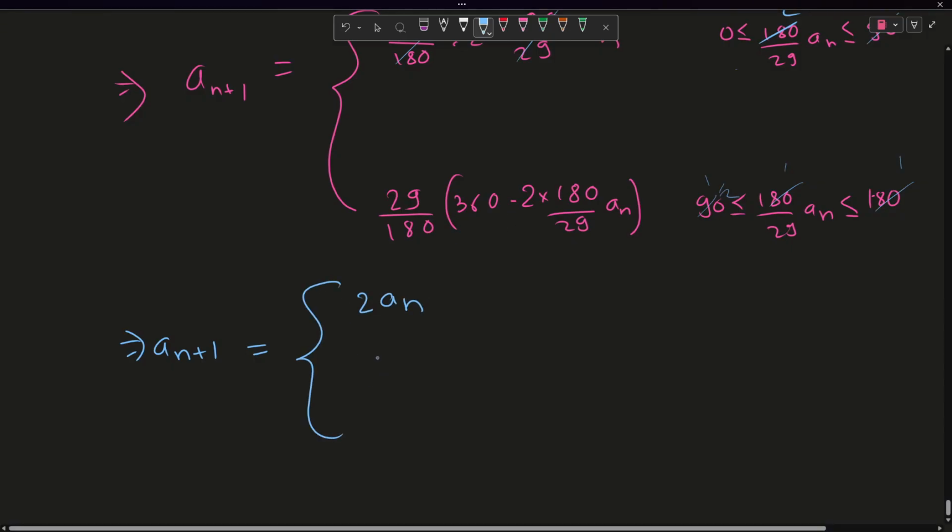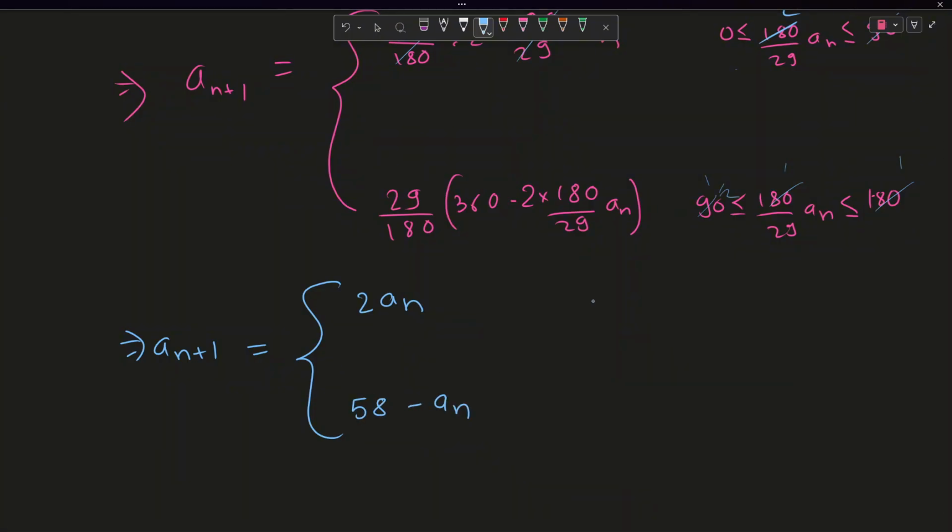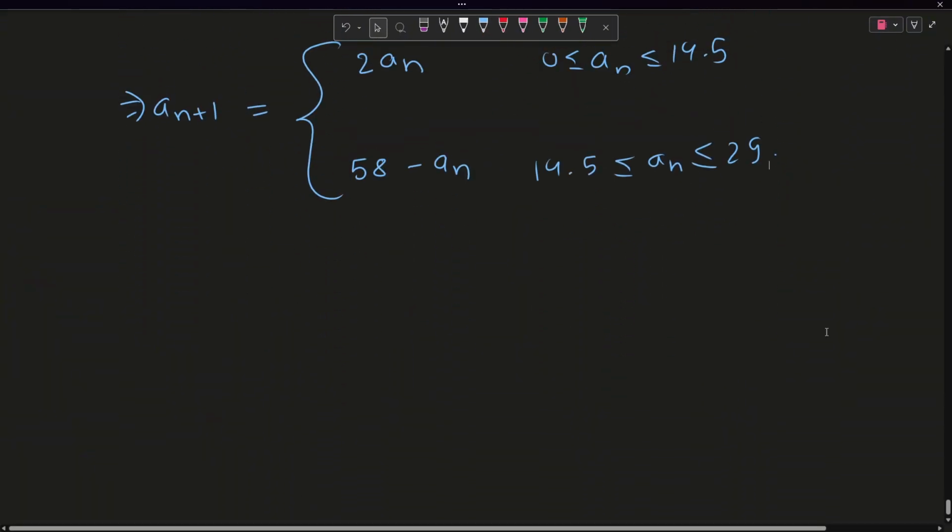This is easy to simplify. It's just 58 minus e of n. This is for an 0 to 14.5, because 29 by 2 is 14.5, and here 14.5 less than en, greater than n, and 29.